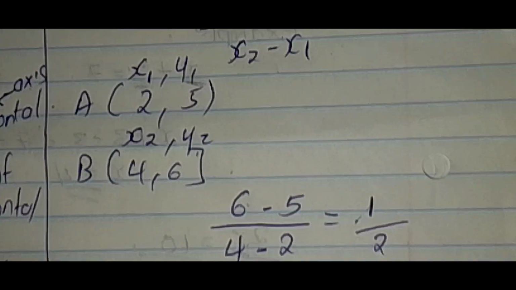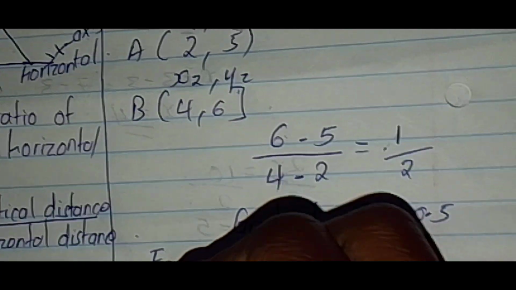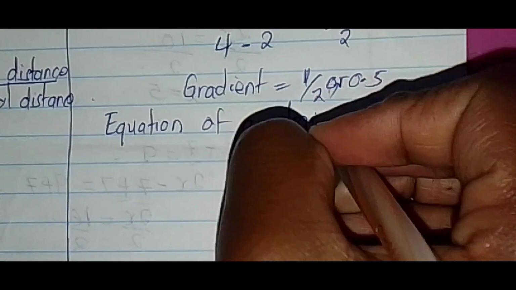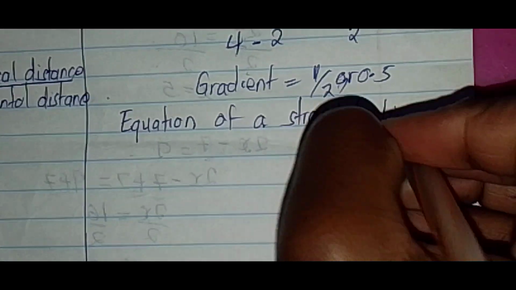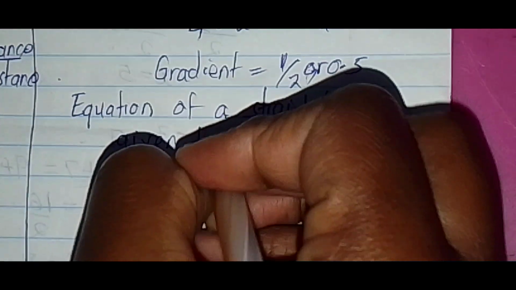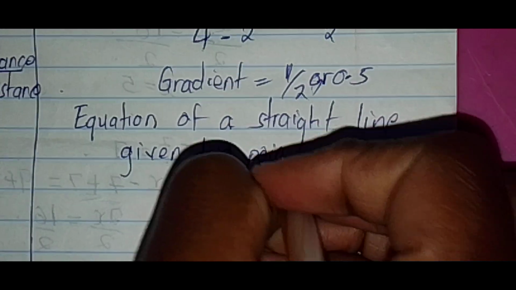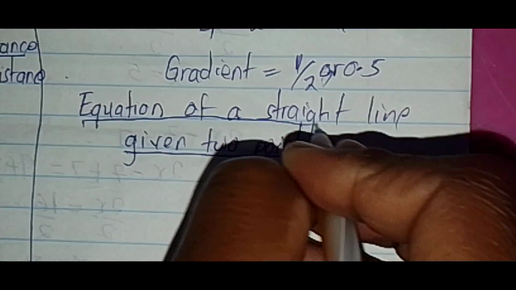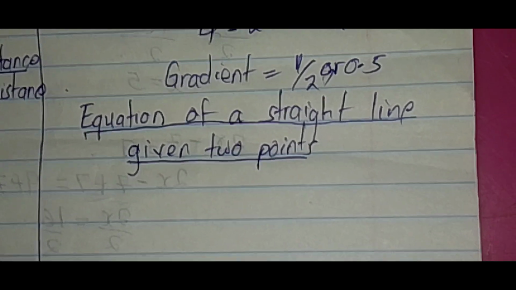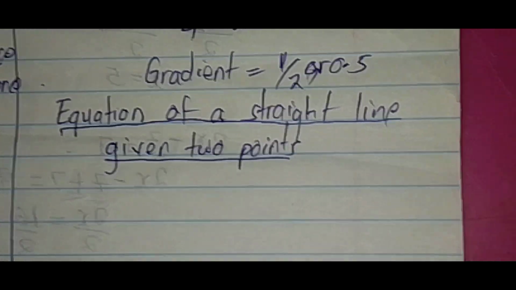Let's move to the next subtopic, equation of a straight line given 2 points. Let's do this example so that you can understand better.